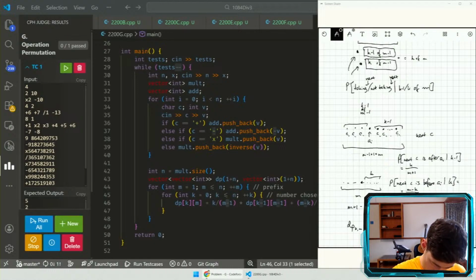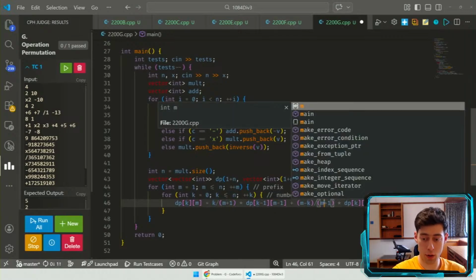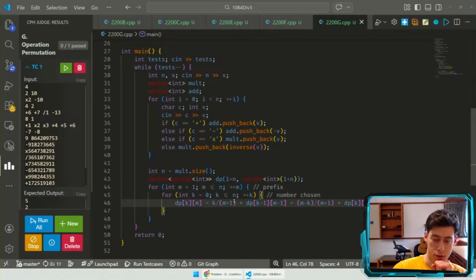But also, these should both be m plus 1. So m plus 1, m plus 1. Okay, now it's fine.